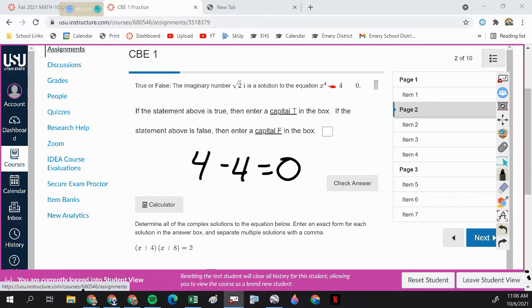Now, these tests are auto-graded, and the entry system is really weird. So the only correct answer here would be a capital F. If you put a lowercase f, it will mark it wrong. Now, I do have the ability to go through and change your scores if something weird like that happens, because last year there were, I don't know, maybe half a dozen times where, as far as I could tell, the correct answer was put in.